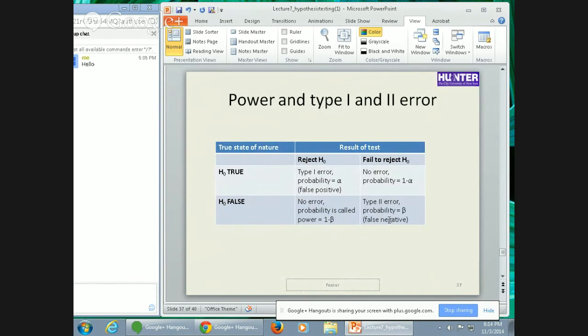So that's like the guilty person who is not convicted. That's the type 2 error. And then 1 minus that is the power. It's also called the power to detect a difference. It's the probability that if H0 is false, you'll reject H0.